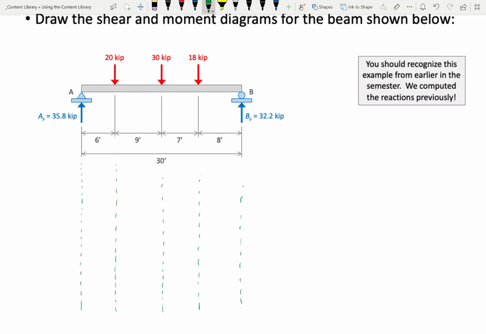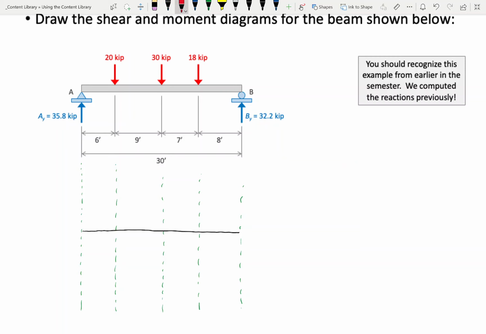There's no rhyme or reason as to how many of these you need to draw, but basically what I do is I draw one for every what I call important point, okay? So let's strike a line, okay? And what we're gonna do is we're gonna do the shear diagram first.